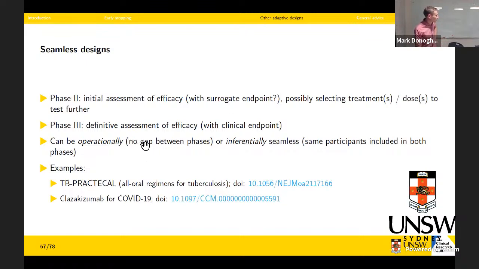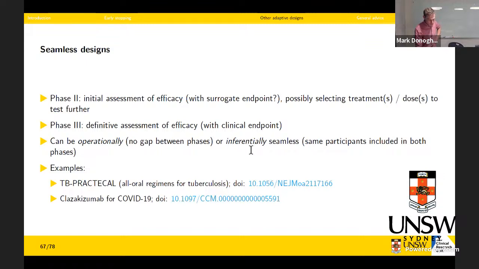And this can be operationally seamless, which is where you have no gap between the phases where you have to start a study again and reintroduce sites and train people up and get ethics approval and everything like that, because it's all covered under one protocol.